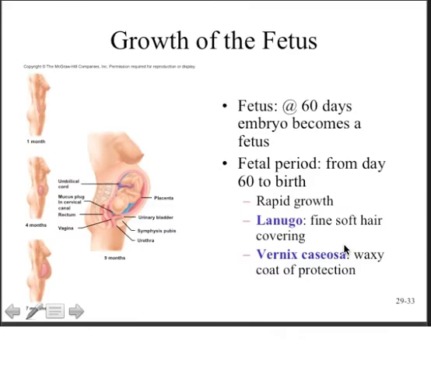At 60 days, the embryo becomes a fetus. The fetal period lasts from this time until birth, and here we see rapid growth of body systems and overall body dimensions.